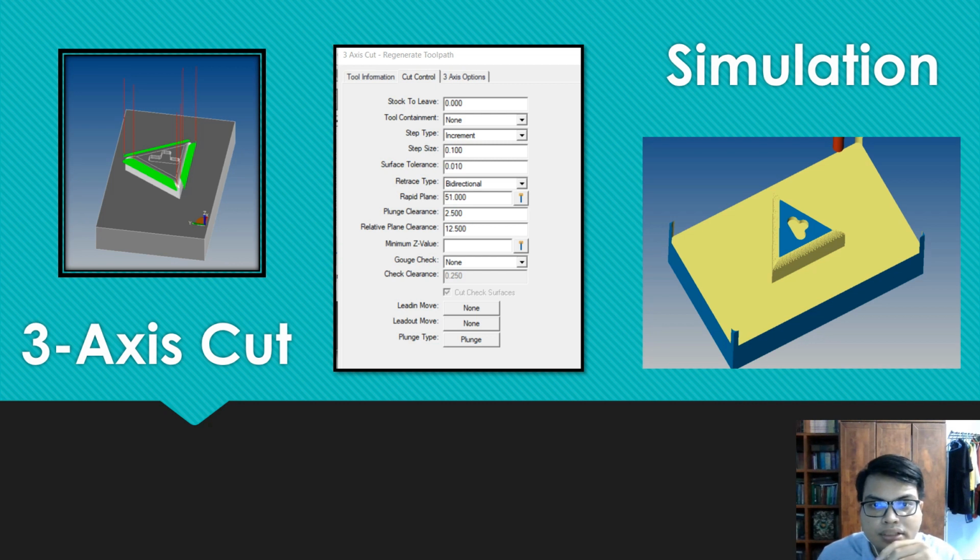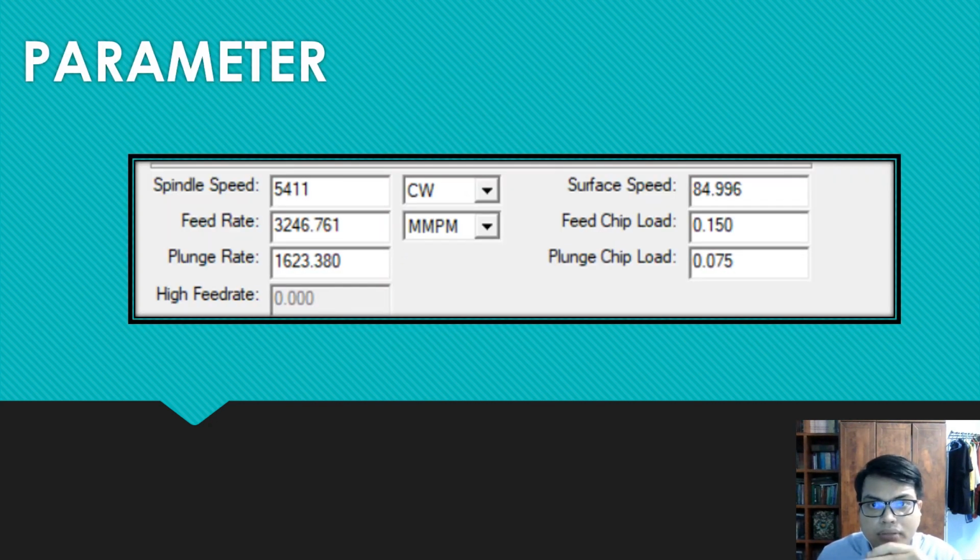The values of step size and surface tolerance are shown in the picture above. These are the ideal values to put inside the cut control system. The right picture is the finishing simulation process. The parameters we set up are compatible with the type of material we use. The finish speed and feed rate are 5411 and 3246.761. The values of feed per tooth chip load, surface feed and plunging rate are shown in the picture above.